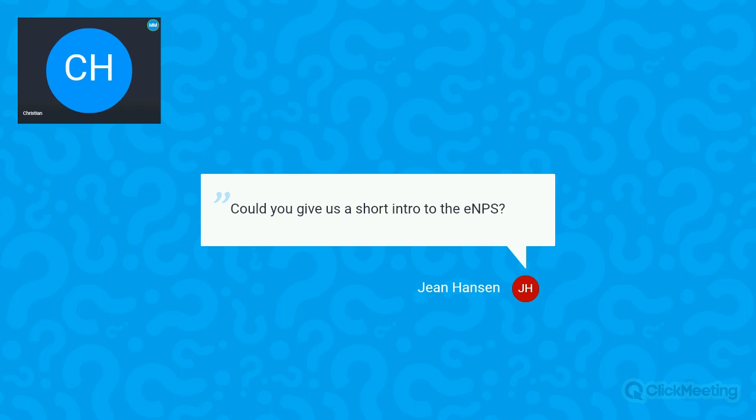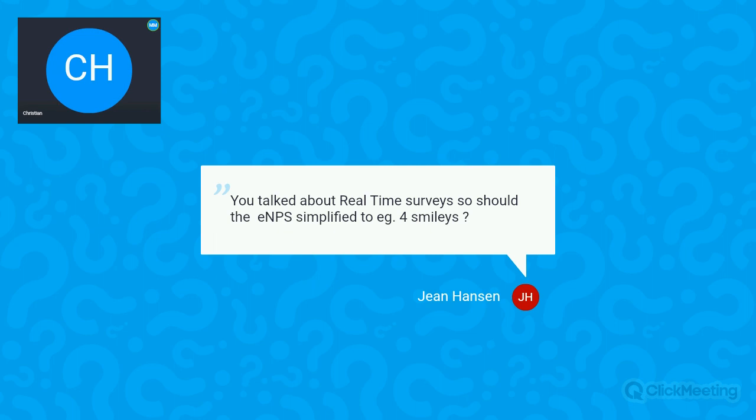I think perhaps what Sean means is to see some screenshots or similar from the actual platform. Because the other question that Sean asked is this: you talked about real-time surveys, so should the eNPS be simplified to, for example, 4 smileys?